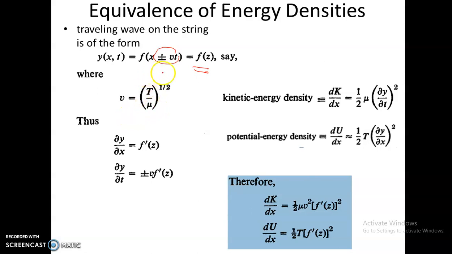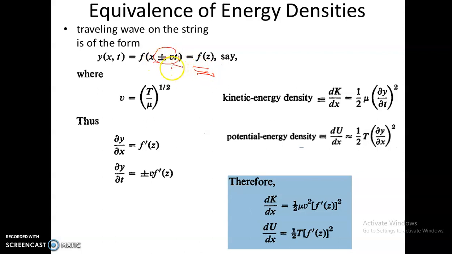Now look at this mathematical function f of z. dy by dx will be required as long as the potential energy is taken into consideration, and dy by dt comes as the velocity parameter in the kinetic energy density. So we will evaluate dy by dx. dy by dx is d by dx of f, which is a function of x as well as v t.